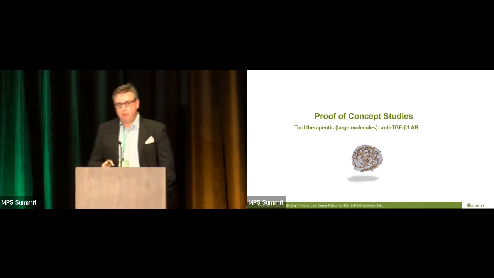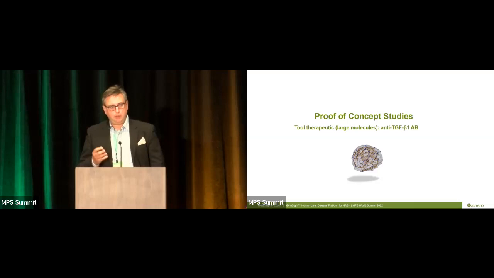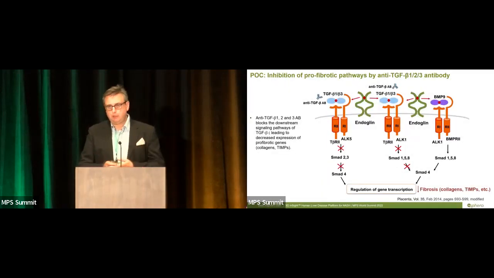We took an antibody, an anti-TGF beta-1 antibody. Why is this relevant in this context? TGF beta-1 is one of the drivers of fibrosis in endothelial cells.